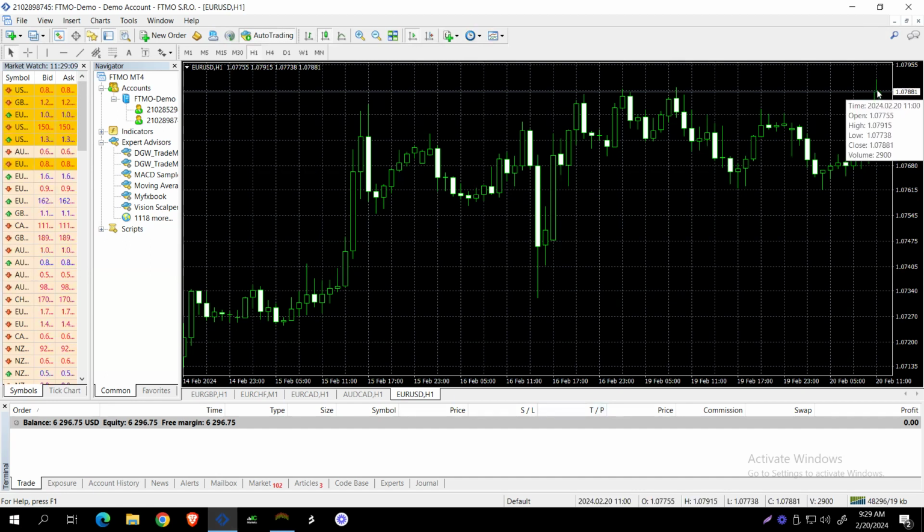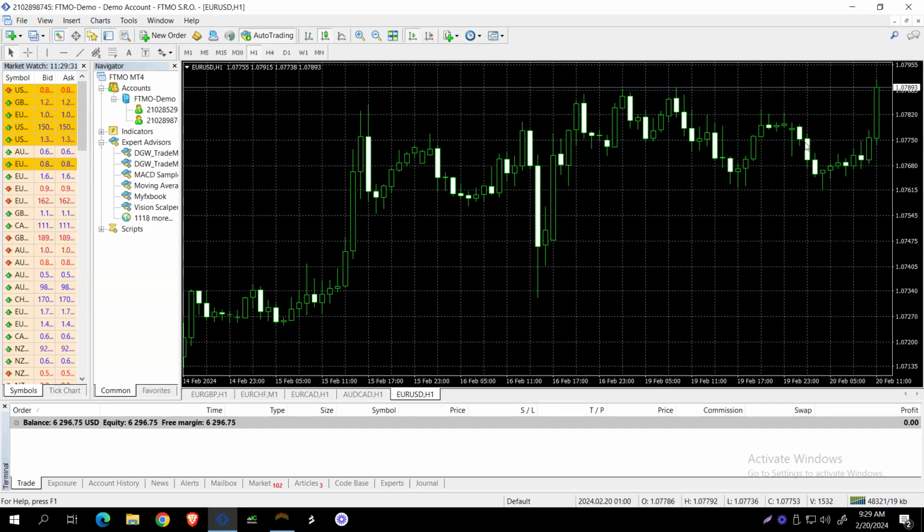What this candle is telling us is that within that hour, euro is rising against USD. Some hours back, this particular candle shows that USD is rising and euro is falling.